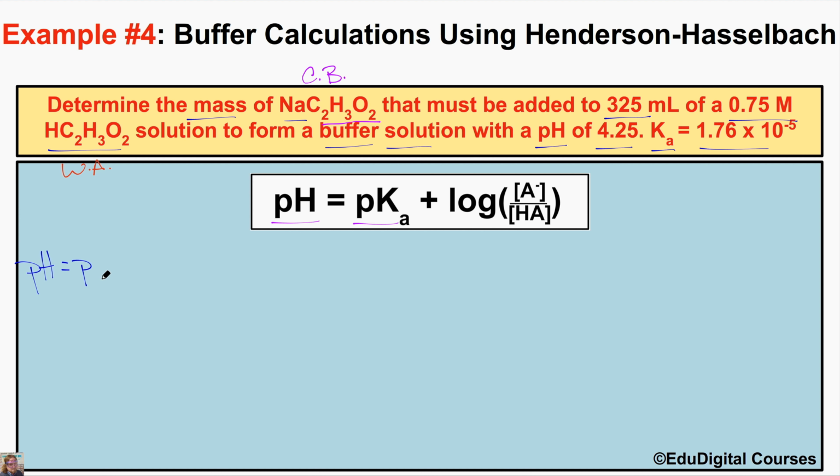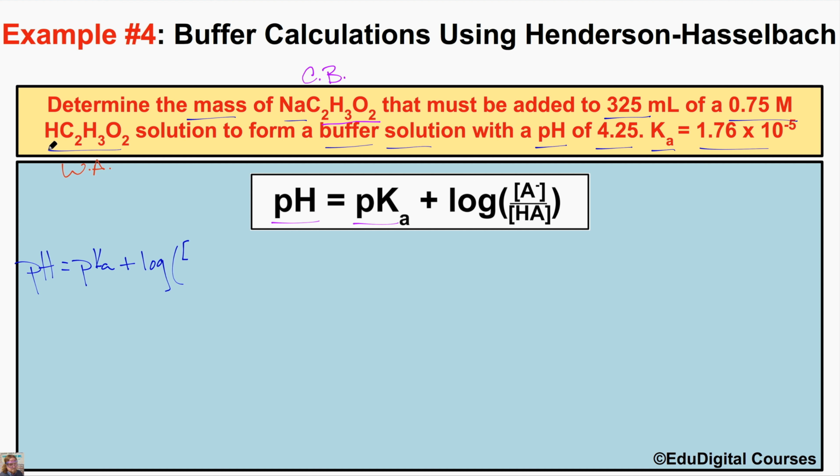So we have pH equaling the pKa plus the log of the concentration of our conjugate base over our acid. And so what is our conjugate base here?